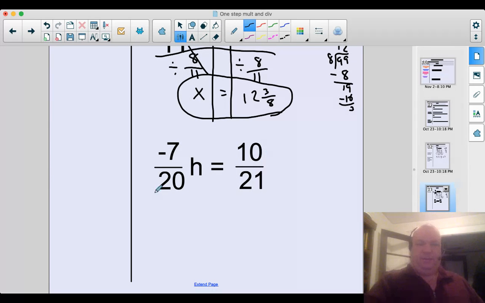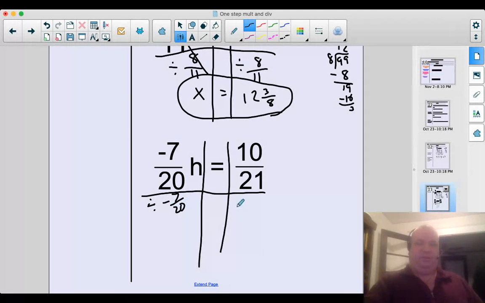All right, let's do another one. Doing my train tracks as always. Again, h is being multiplied by something, so I'm going to divide by that fraction. Okay. Once I do that, I got a positive divided by a negative, so I know my answer will be negative.